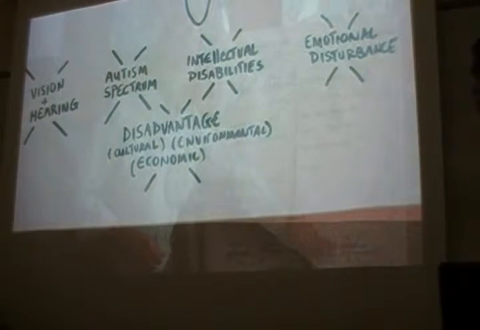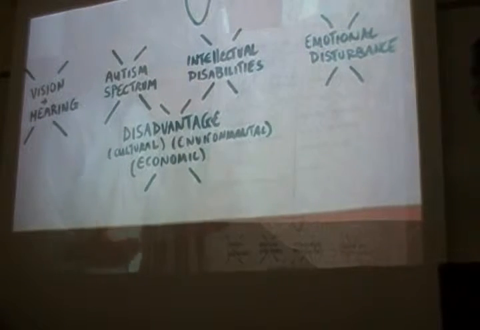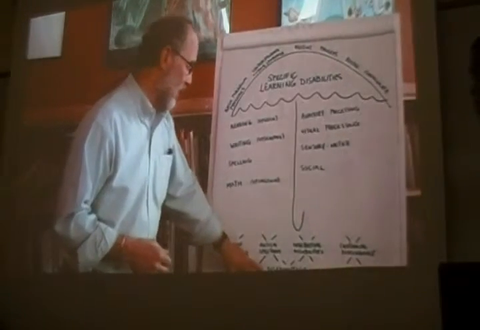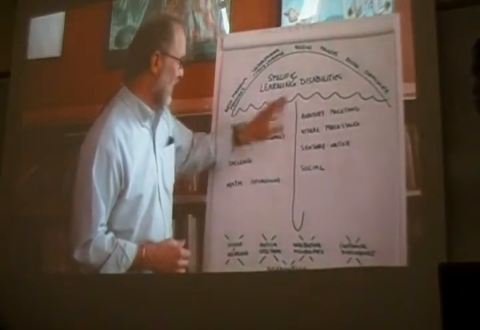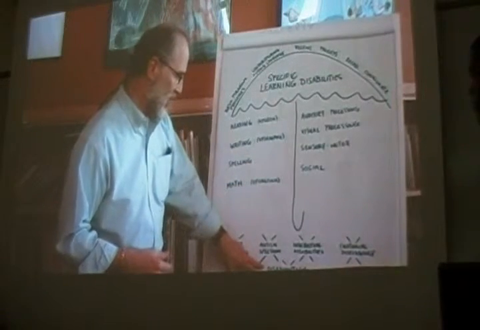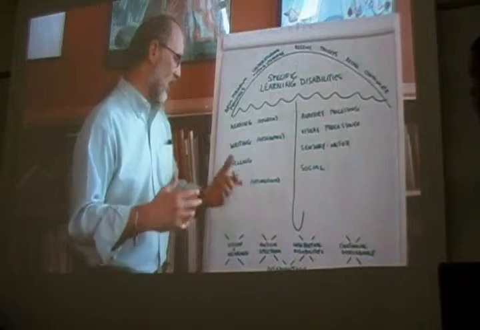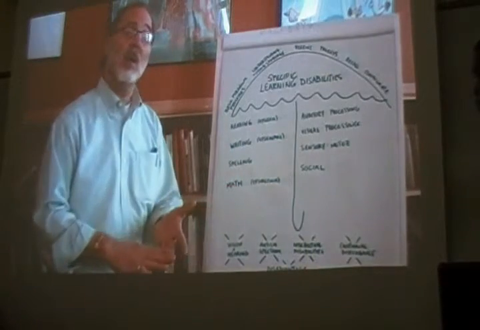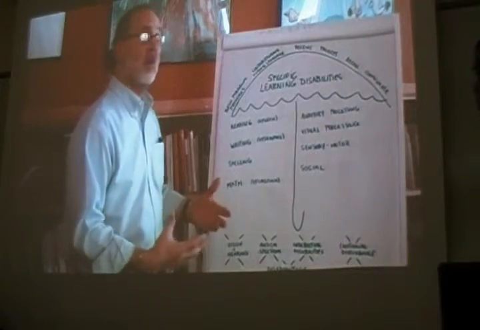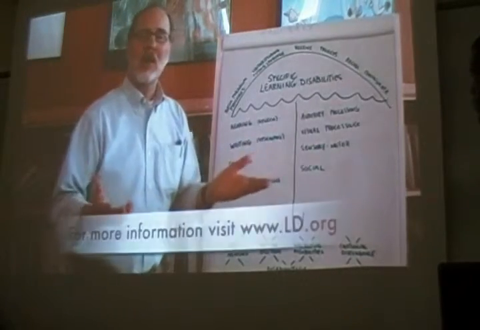They're not consistent with, or the same as, or interchangeable with emotional or mental health issues, emotional disturbance. And very importantly, learning disabilities are not the result of disadvantage. So for example, cultural, environmental, or economic disadvantage are not the causes of learning disabilities.